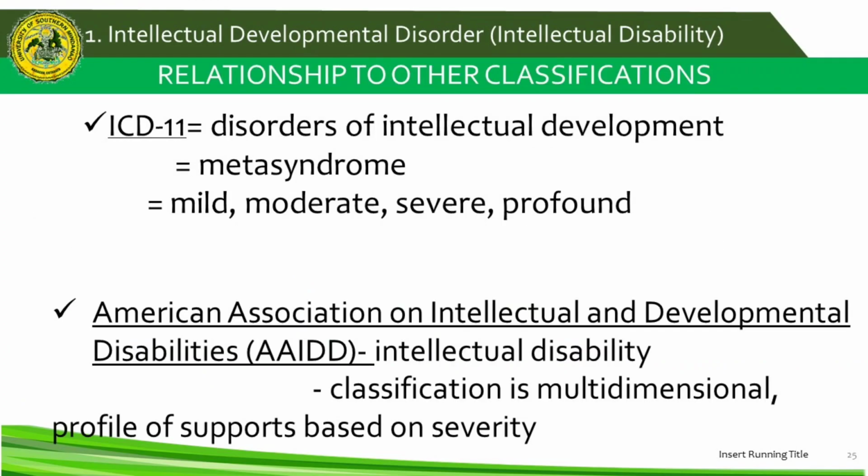So, for the relationship to other classifications, yung ICD-11 uses the term disorders of intellectual development to indicate that these are disorders na nag-involve ng impaired brain functioning in early life. So, these disorders are described in ICD-11 as a meta-syndrome occurring in the developmental period analogous to dementia or major neurocognitive disorder in later life.